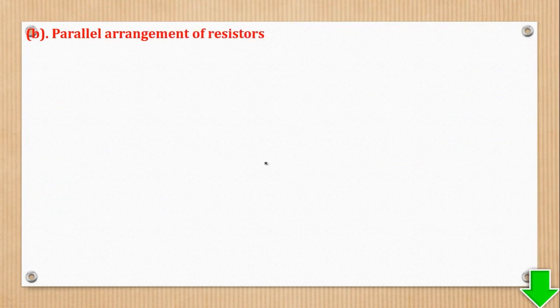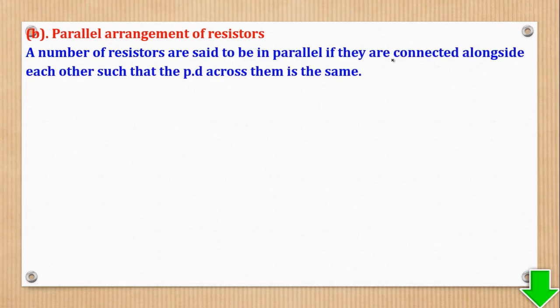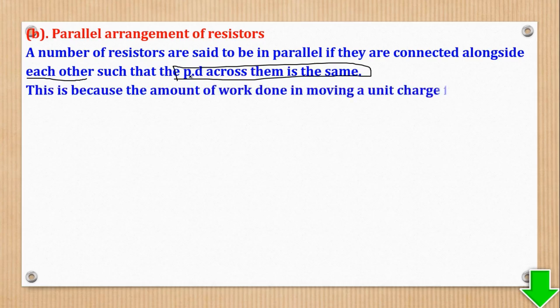What about parallel arrangement? For parallel arrangement, resistors are said to be in parallel if they are connected alongside each other such that the PD across them is the same. So the condition for parallel arrangement is that PD must be the same.